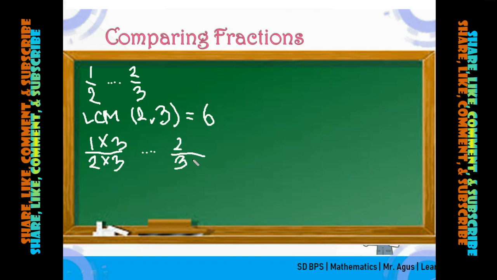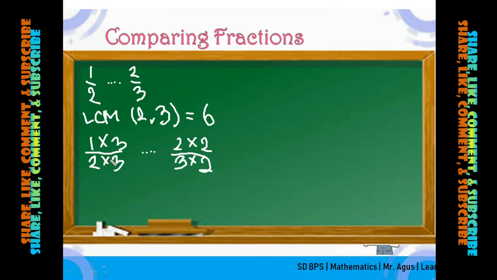To get 6, you have to multiply 3 by 2. If you multiply the denominator by 2, you have to do same thing with the numerator. So 2 multiplied by 2.